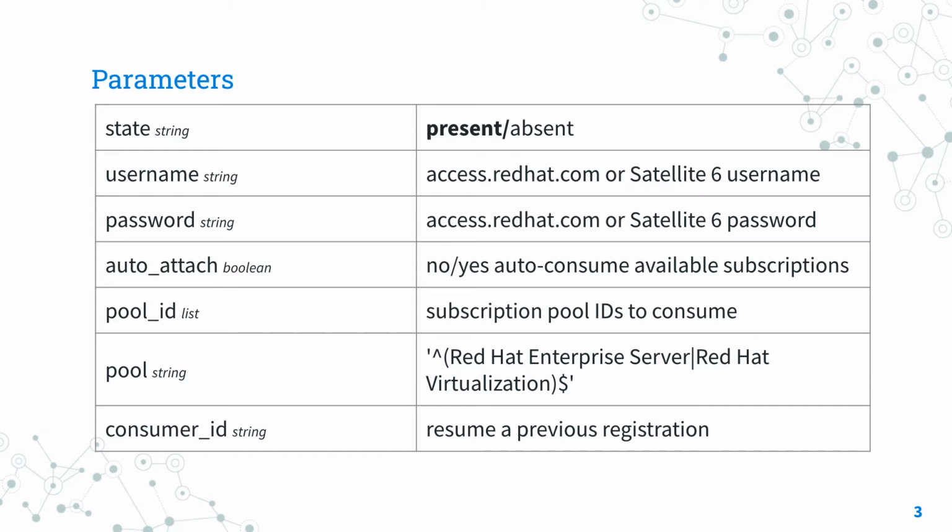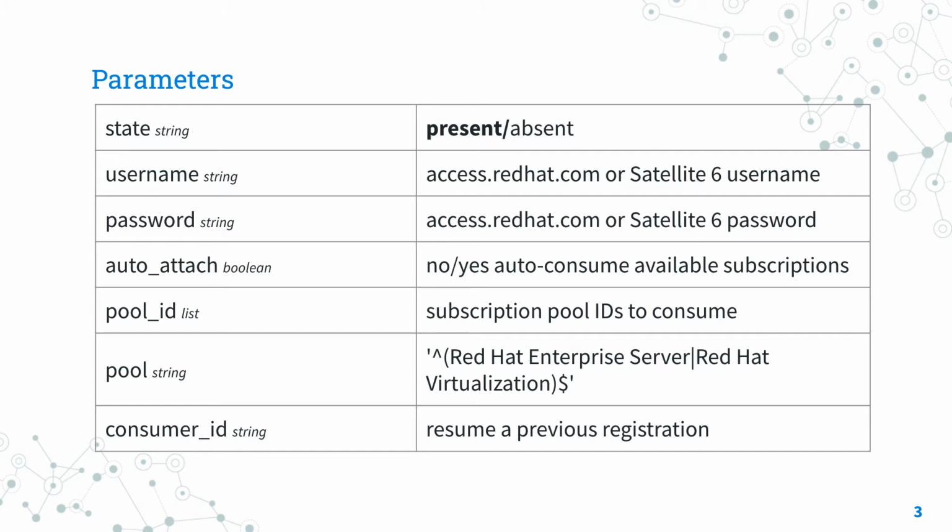Once the machine is registered, you need to specify which subscription to consume. The auto-attach allows you to auto-consume all the available subscriptions for the machine, which is what I recommend.